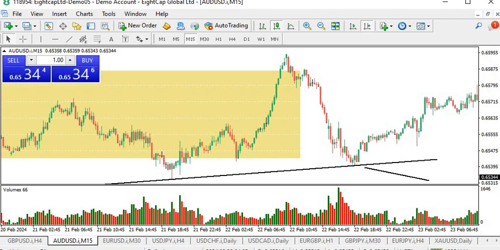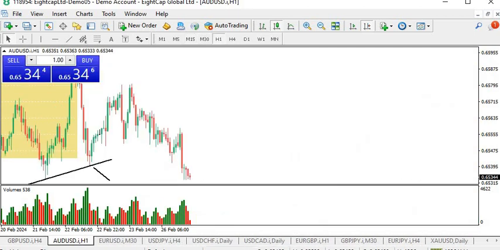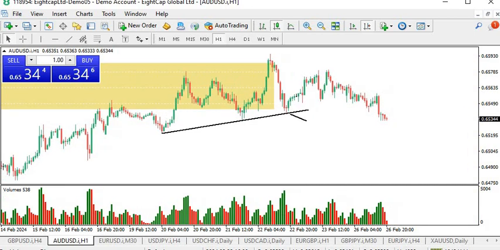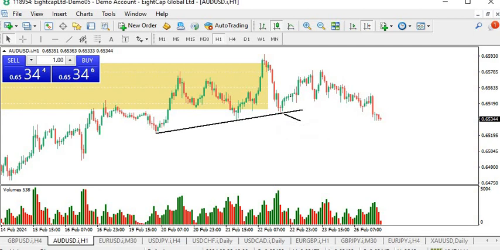In H1 we can see it is a doji, or we can also call it a pin bar. Its wick is longer than the body and it's almost 3 times the body, so it is called a hammer. And then you can see how the market went upside to this point.